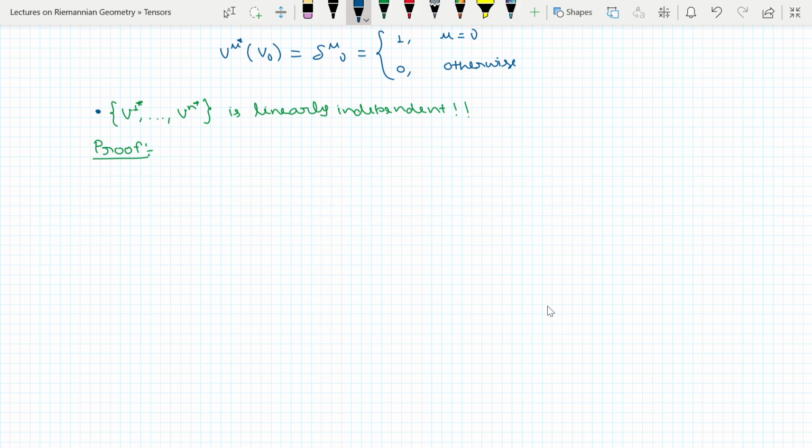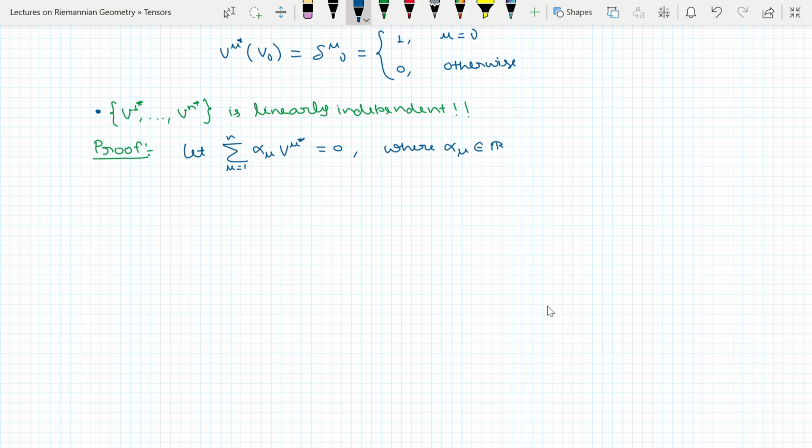What do I need to show? I need to show these vectors in this set are linearly independent. How do I show the linear independence? Well, for that, let the summation of alpha mu v mu star equal 0, where mu runs from 1 to n, and where these alpha mu are scalars coming from the set of real numbers, because I have taken the vector space over the real numbers.